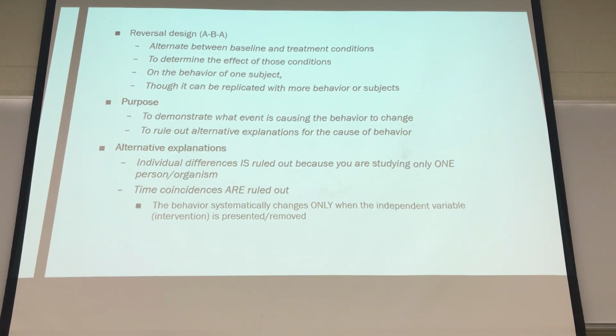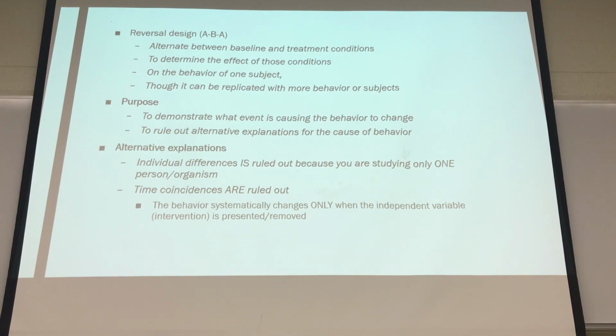We rule out time coincidences by the reversal condition. We should only see a change in behavior when the treatment condition is present. If there are time coincidences and we take the treatment out, if the time coincidence is causing the change in behavior, then the behavior should remain high, just like it was when the treatment was present.